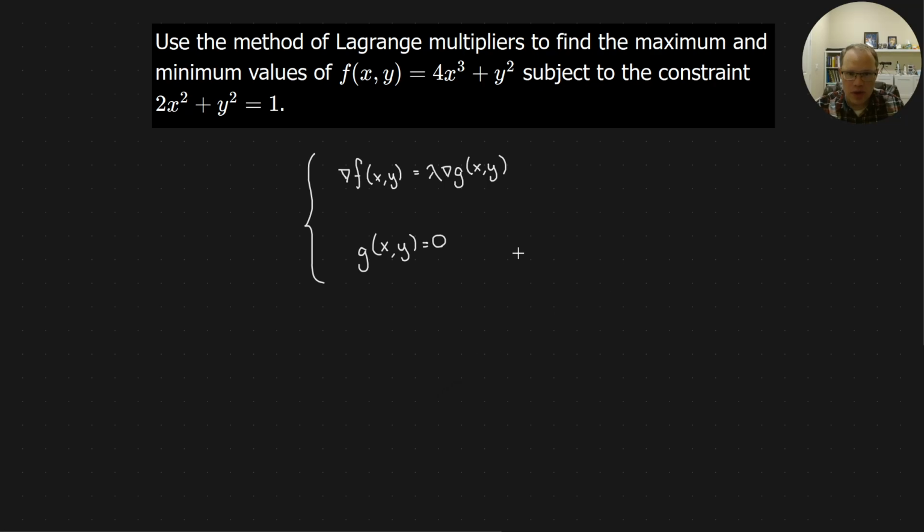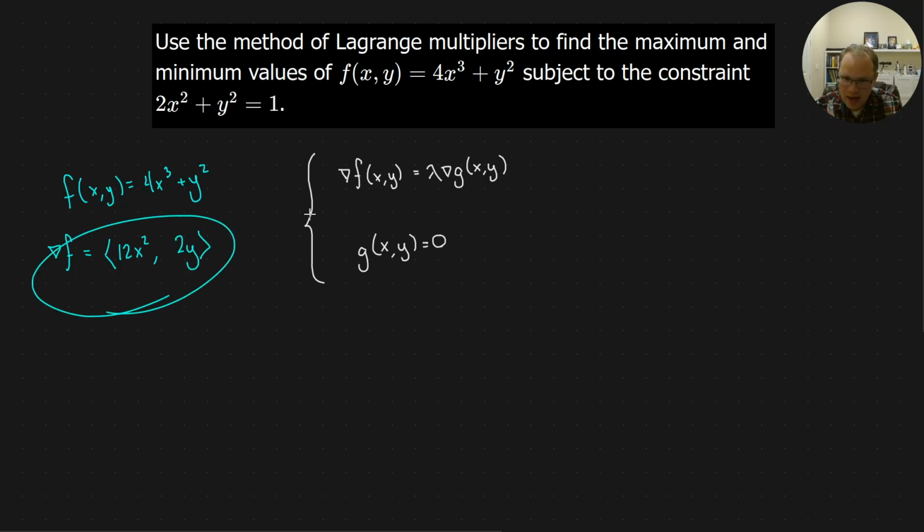So here f of x, y equals 4x cubed plus y squared. If I take the gradient of f, the partial derivative of f with respect to x is 12x squared, and the partial derivative of f with respect to y is 2y. So that will go there.